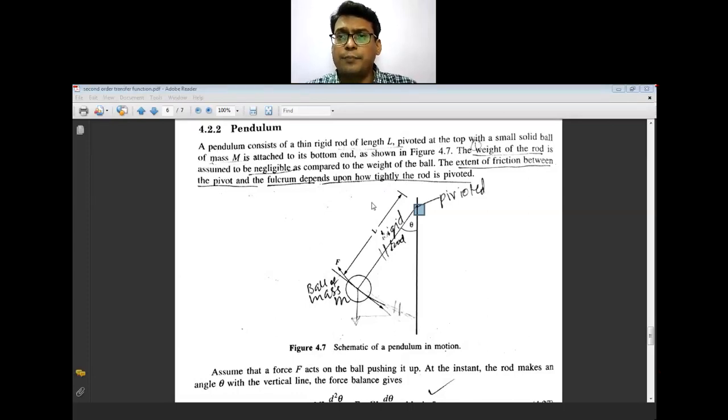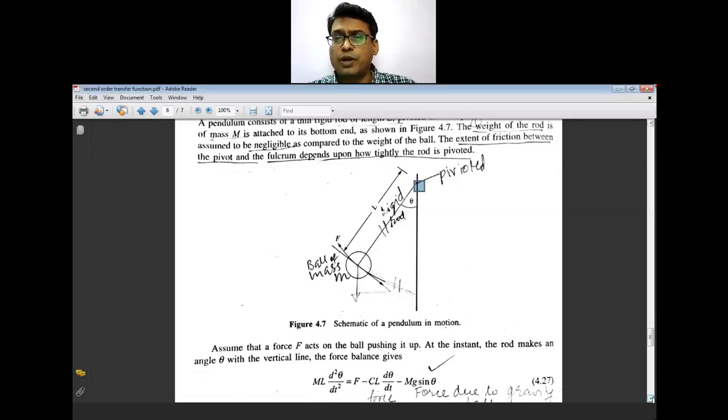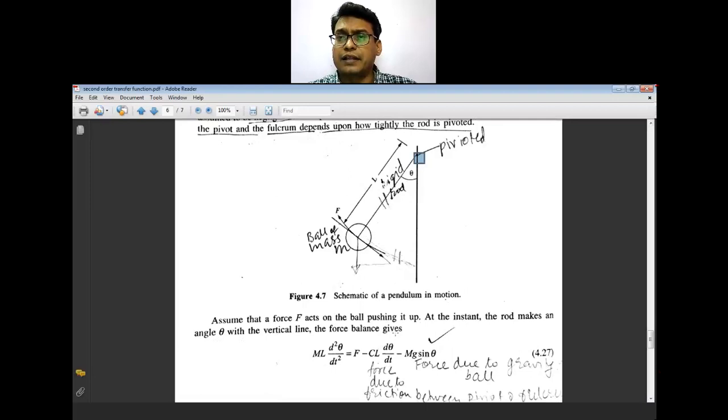So the third example is related to the pendulum, and the force balance for this pendulum can be taken as F, which is the applied force. The applied force will be resisted by the gravitational force plus the movement in the x direction.